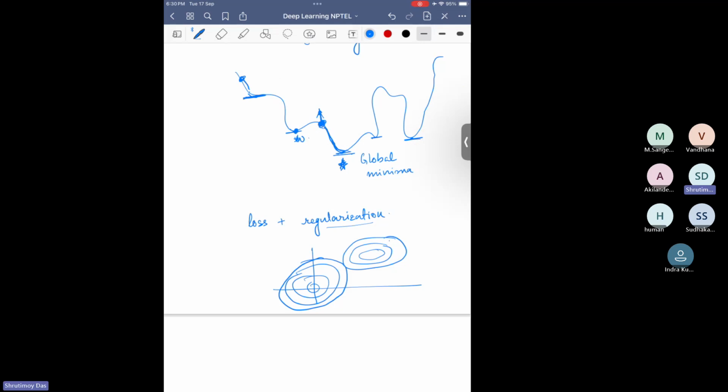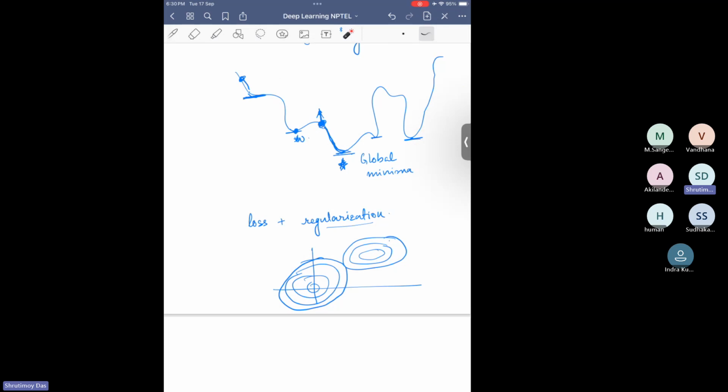And suppose we did not have the regularization part, so this part won't be there. Then you will just say that okay, this is the minimum that I have. But if we have the regularization part, your parameter that you learned is not at the global minima, but at this point which satisfies both the main loss and the regularization curves.